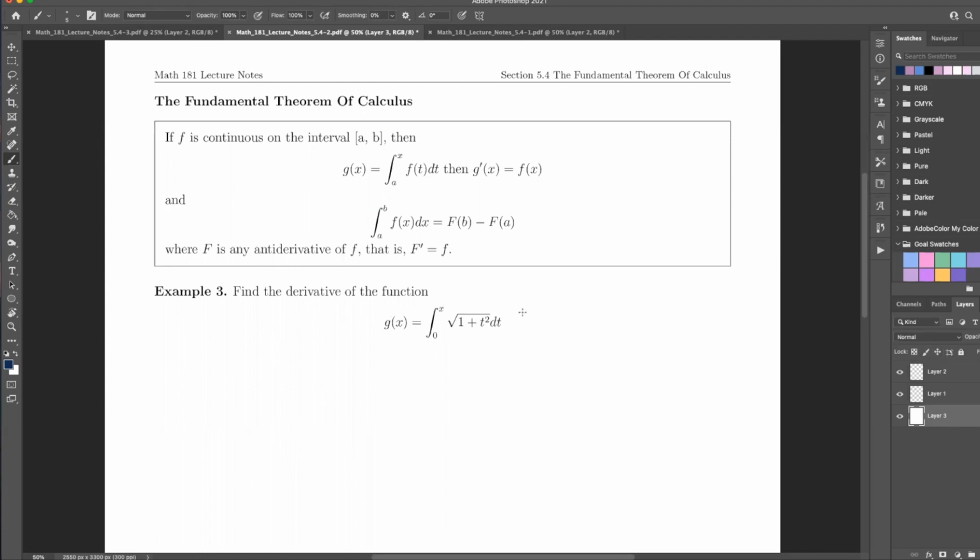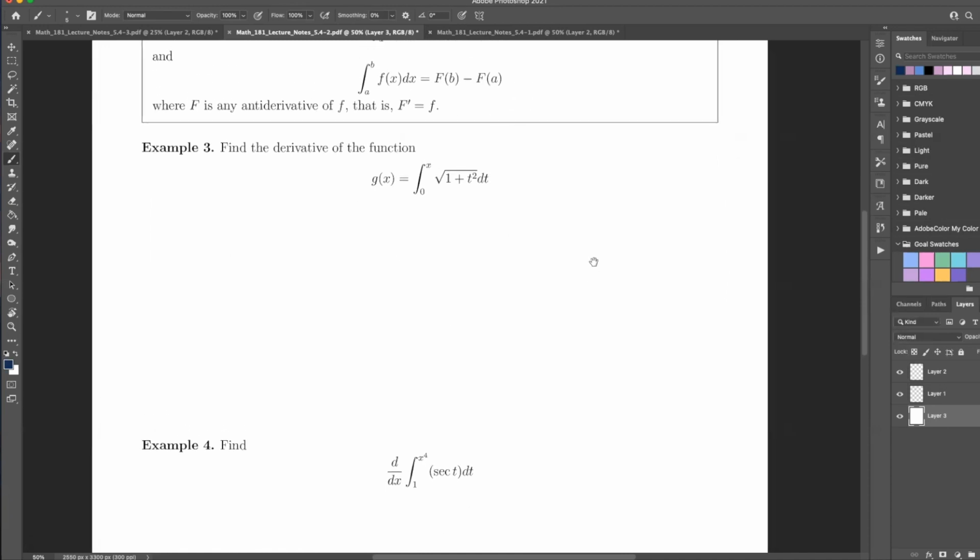All right, so here we want to find the derivative of this function. So we're going to do all the steps and show you kind of a long way for a second. I guess I don't need to do all the steps.